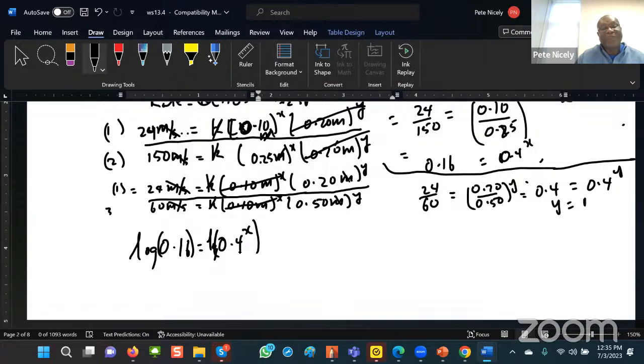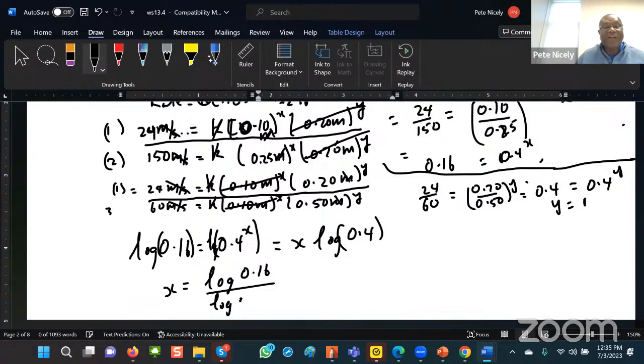You'll see that log of 0.4 raised to the x would be the same thing as x times log of 0.4, which means that x would be equal to log of 0.16 divided by log of 0.4. And if you work that out, you should get x equal to 2.